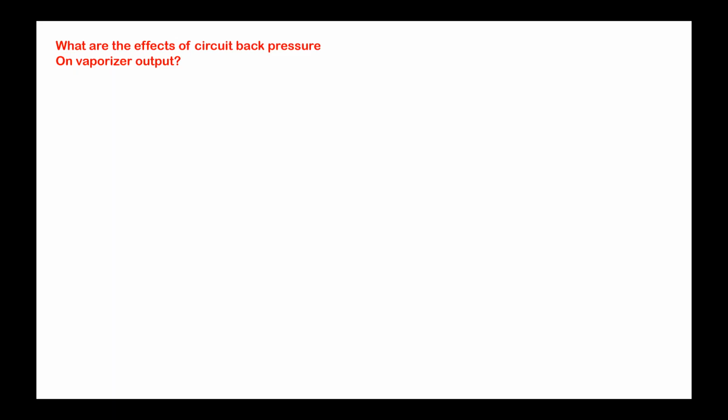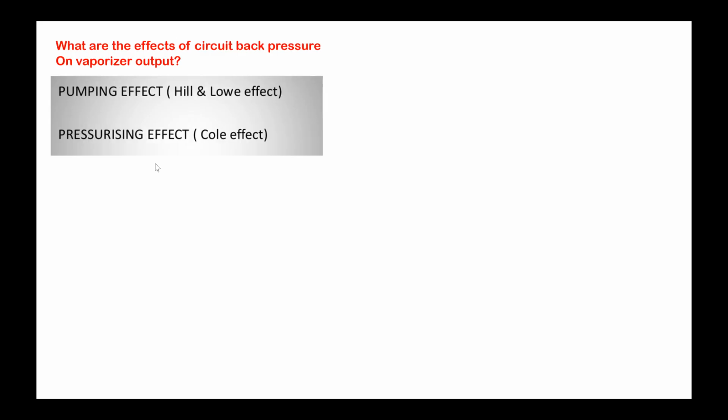So at the outlet of the pressure vaporizer, what is the effect that this back pressure produces is what we have to understand. And that is what is called the pumping effect and pressurizing effect, which is also called the Hill and Low effect and Pole effect.